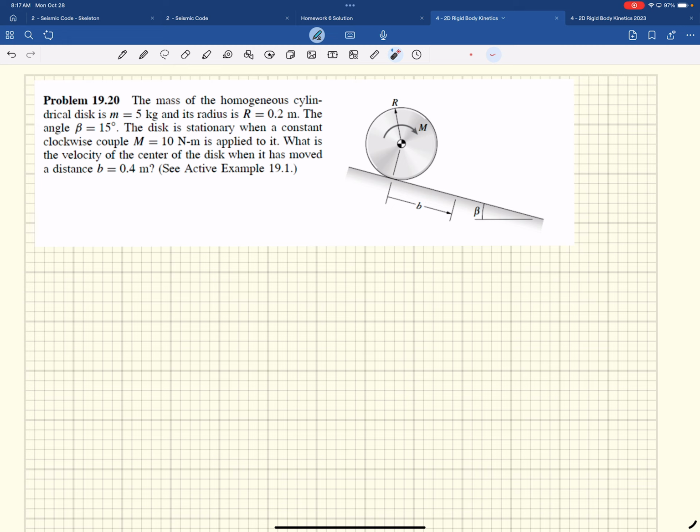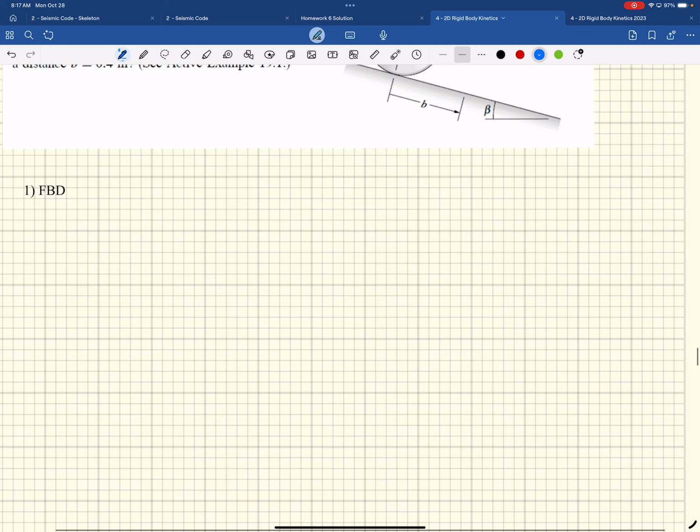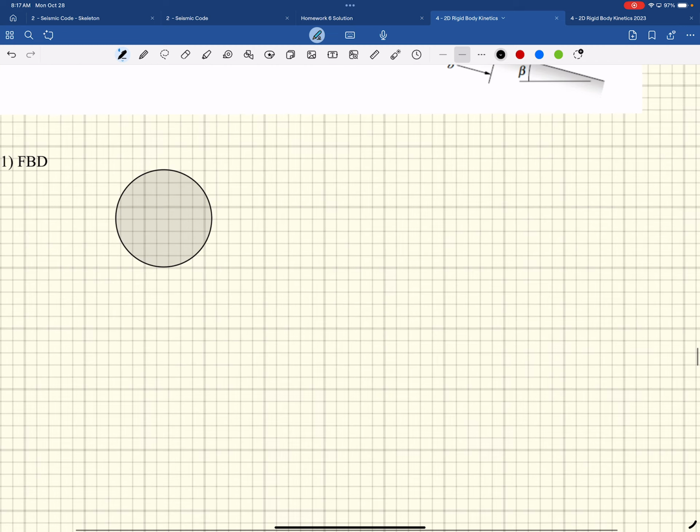First step, free body diagram. Got my disc. Forces acting on that disc: we've got mass times gravity. I've obviously got that torque, and that torque is applied.